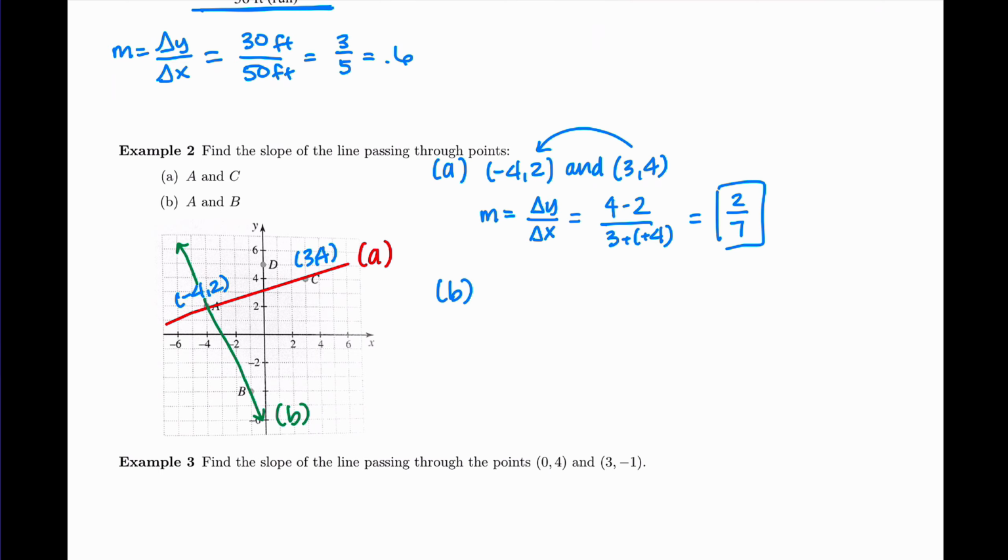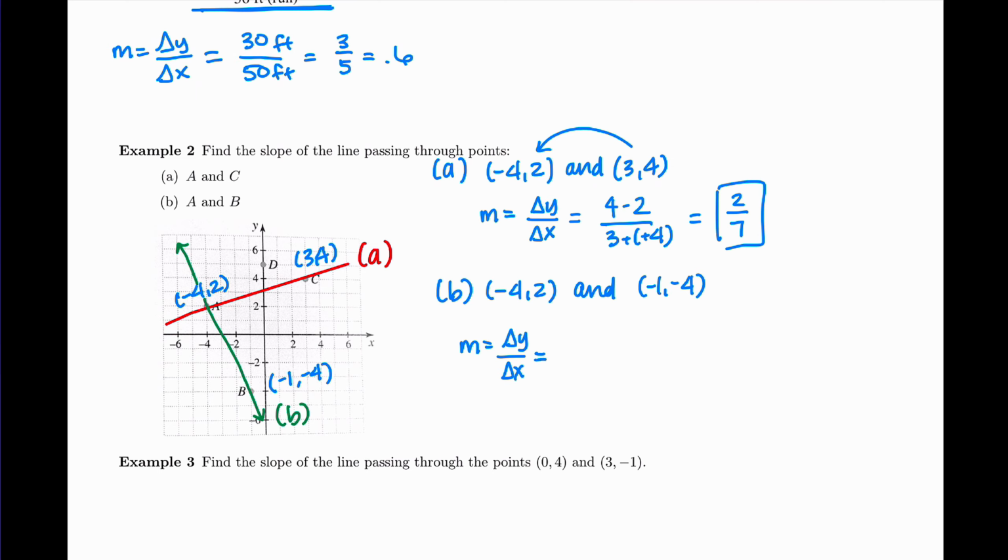So let's work on that. Looks like I also need to figure out what point B is. It is where? -1, -4. So my 2 points are -4, 2, that's point A, and -1, -4. So again, my slope is my change in y over my change in x.